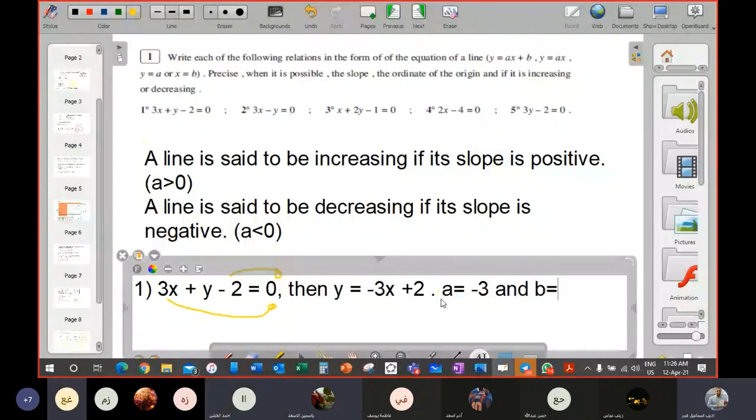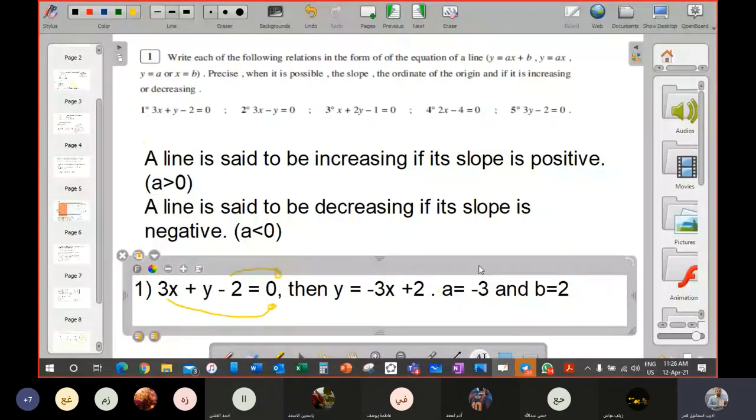Decreasing because the slope is negative. Hence, a equals minus 3, less than 0. Okay? This is part 1.